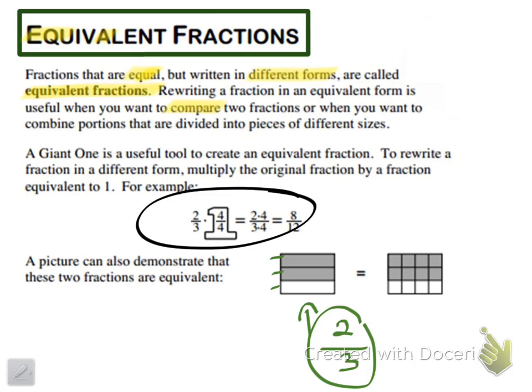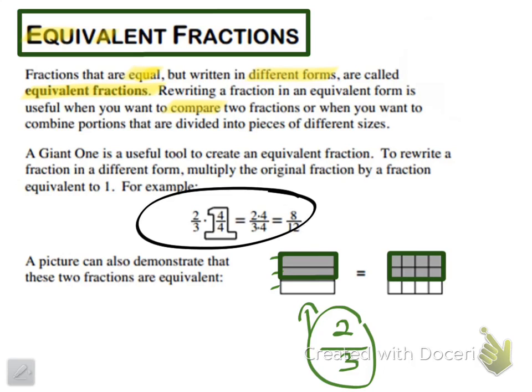We'll notice here that the exact same space is taken up here as is here, but we have different units or different ways to measure that exact same thing, hence the reason why they're equivalent. They're the exact same space. I'll even color this in for you so you see that. This is the exact same as this, regardless of whether we have little squares or bigger rectangles here.